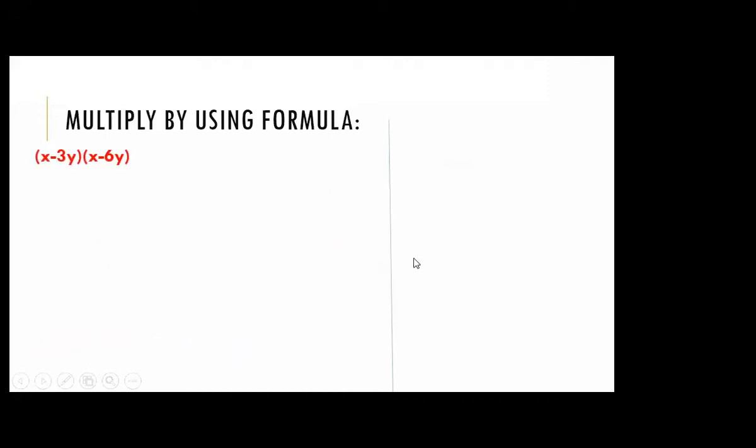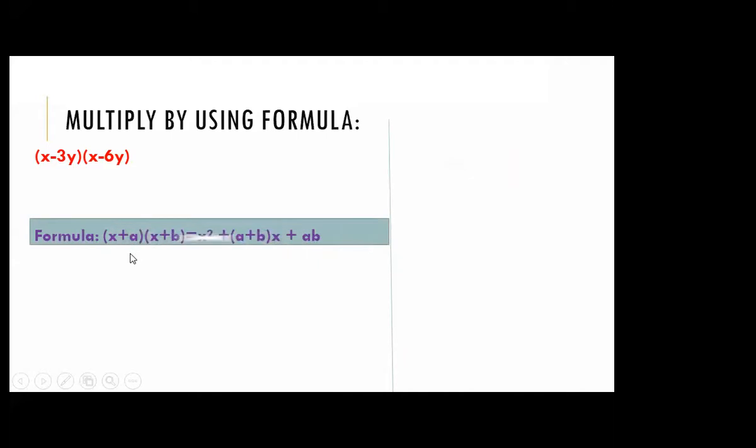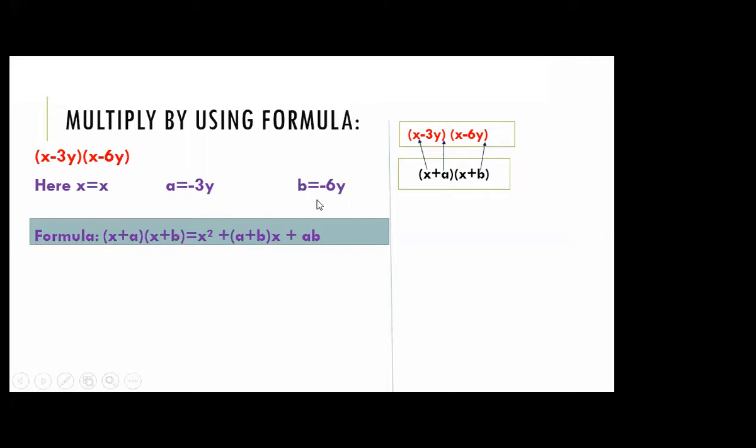So in the same way you can solve this question. Again, first we have to check the conditions. The condition is fulfilled, so we can apply this formula over here. In the second step we compare it with the formula. We get the value of x is equal to x, a is equal to minus 3y, and b is equal to minus 6y.